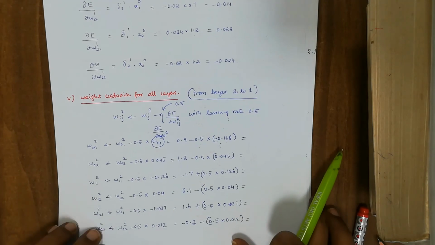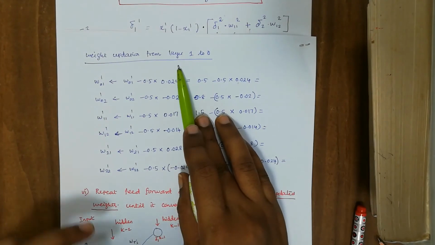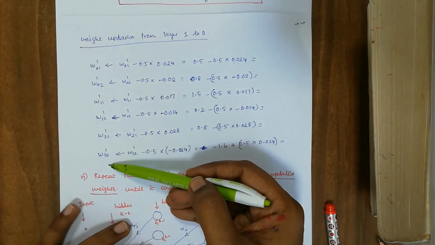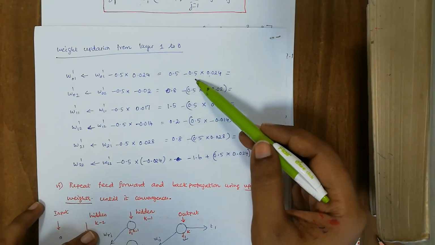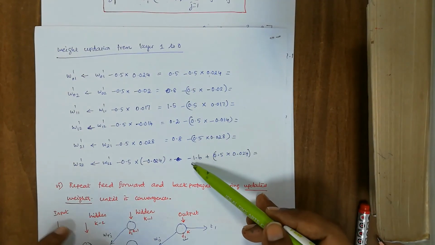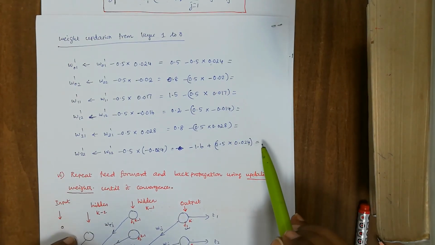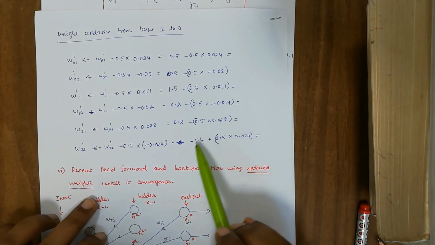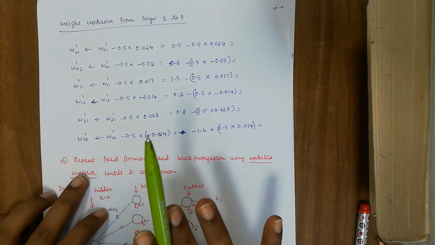Once we have updated the second layer, we have to apply the weight updation rule from layer 1 to 0, and similarly repeat for all 6 weights with the same learning rate of 0.5. The new values have not been calculated here.